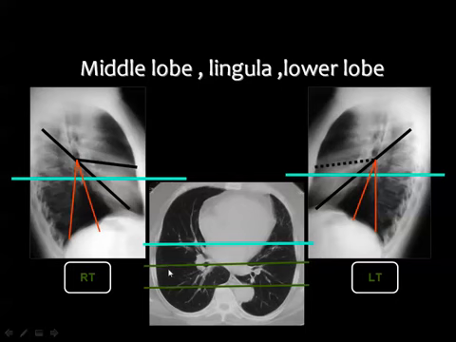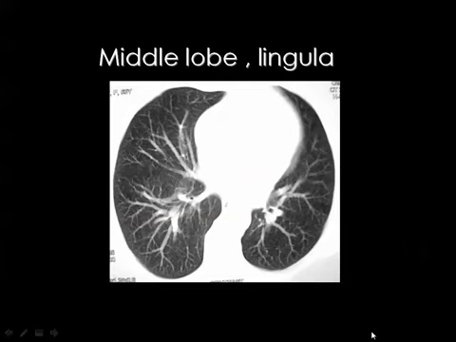But on the right side, there should be medial and lateral, and this is the medial segment. This very small segment, which is not seen on the left side, represents the medial segment of the lower lobe. Then you have anterior, posterior, medial, and lateral on the right side. Anterior, posterior, lateral only on the left side.